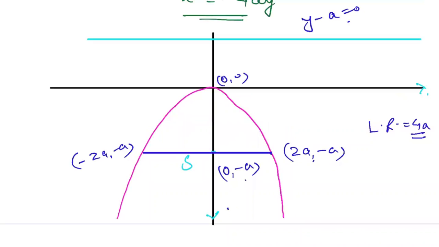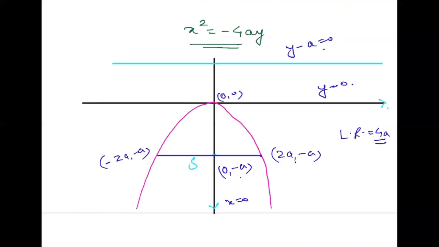Axis, x is equal to 0; tangent at vertex, y is equal to 0, right? And so on, right? Parametric equation, you can put y is equal to minus at square, you are getting 2at as x.